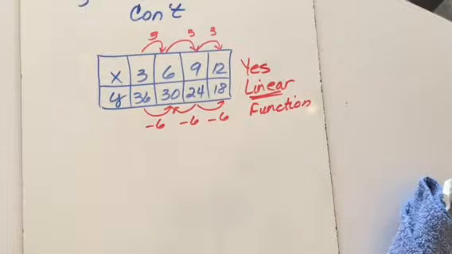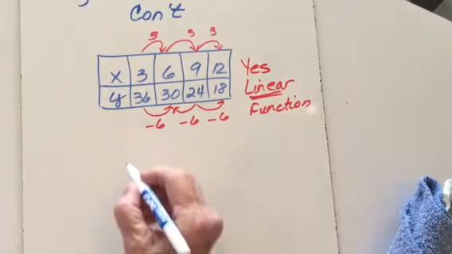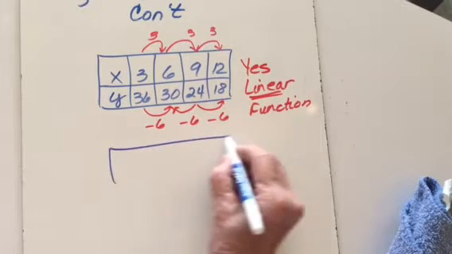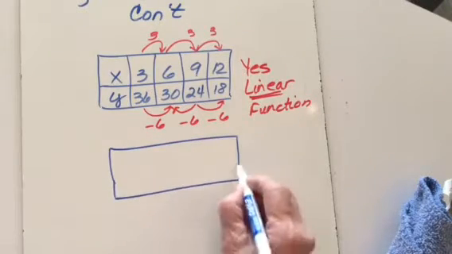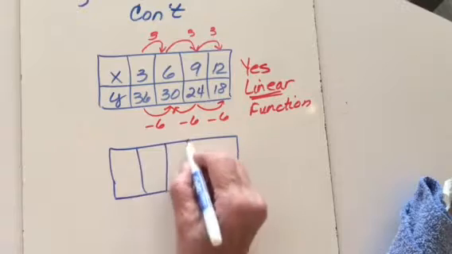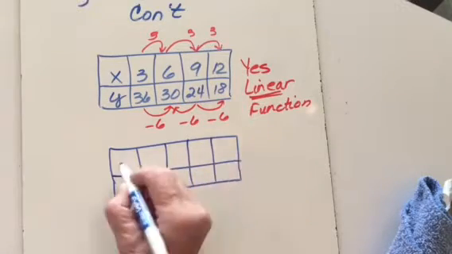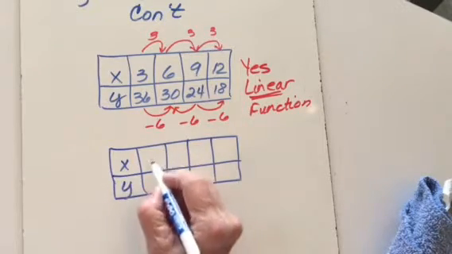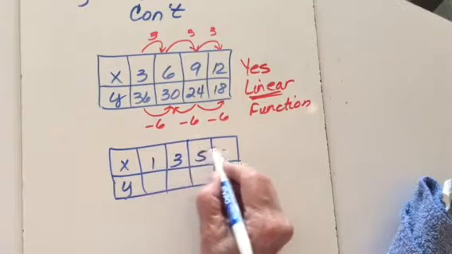Let me show you. All right, we're going to have 1, 3, 5, 7.